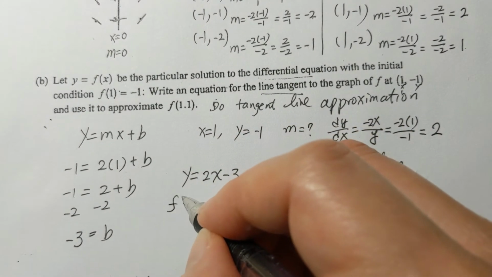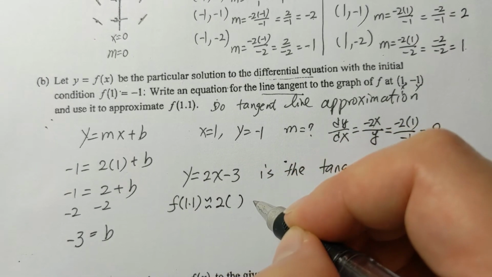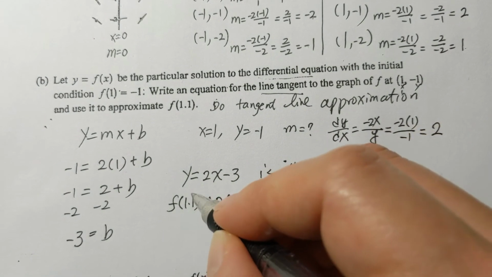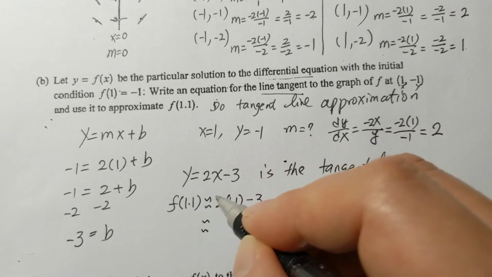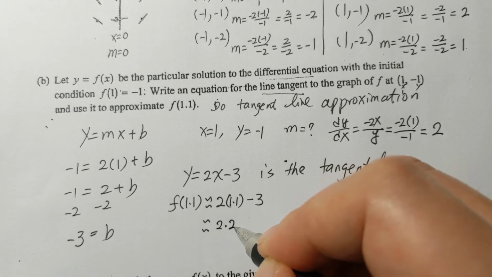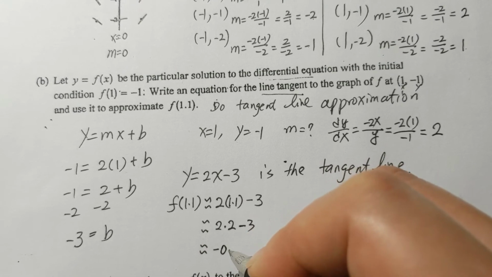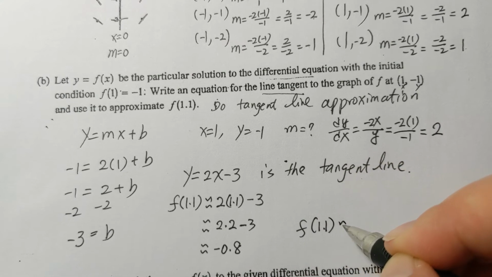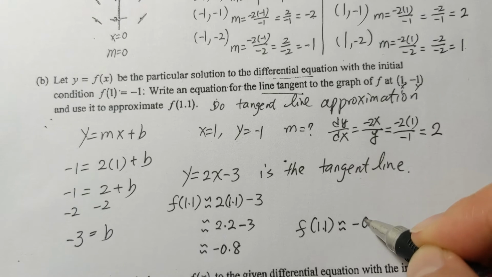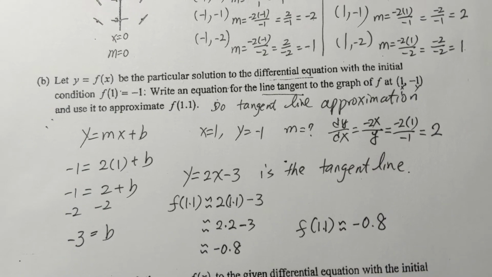So f of 1.1 is approximately 2 times, parentheses, minus 3, and then we substitute 1.1 into the x. So next step, just calculate. So f of 1.1 is approximately equal to negative 0.8. So we finished part B.